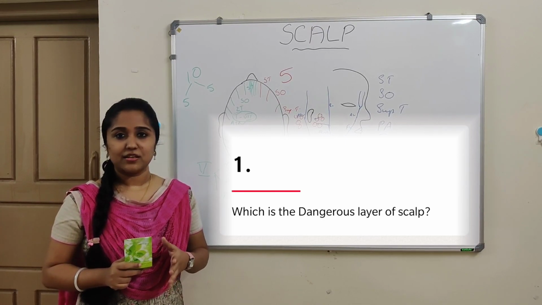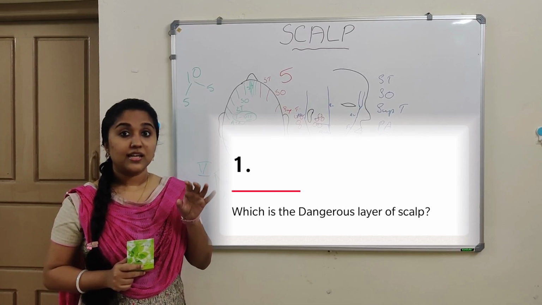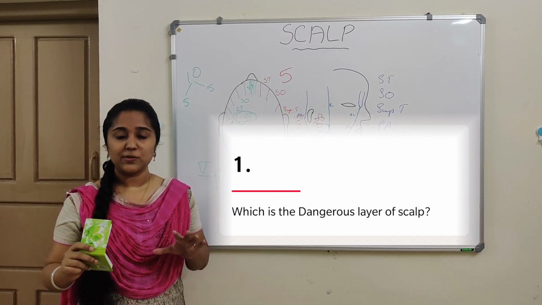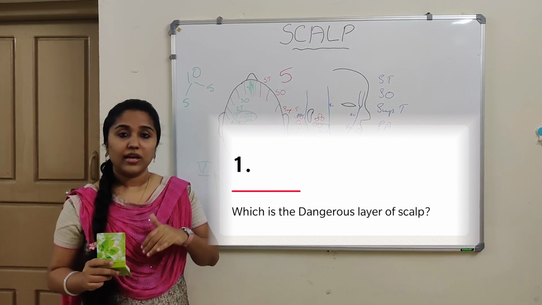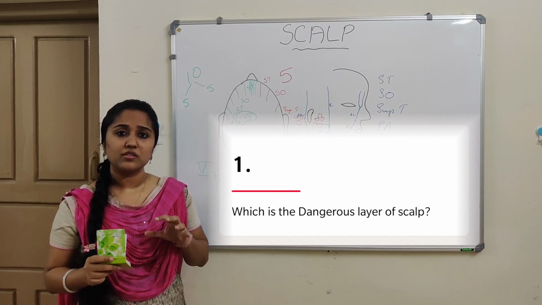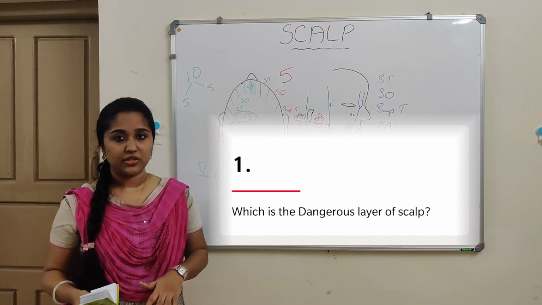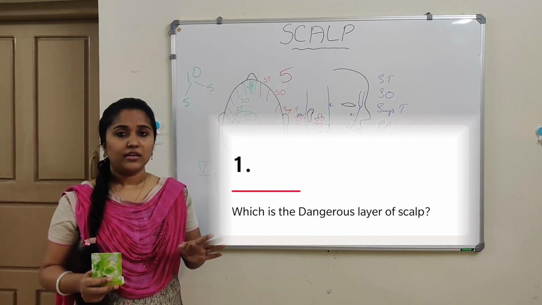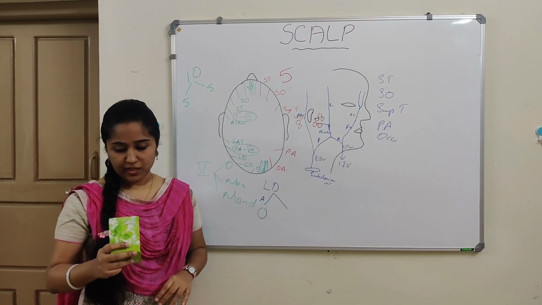We have already discussed the fourth layer is a dangerous layer because it contains the emissary veins. It has got a potential space. These emissary veins communicate with the scalp veins to the intracranial venous sinuses, and if any infection occurs in this region, the pus accumulated will get transmitted to the intracranial venous sinuses. That is why the fourth layer is known as the dangerous layer of the scalp.